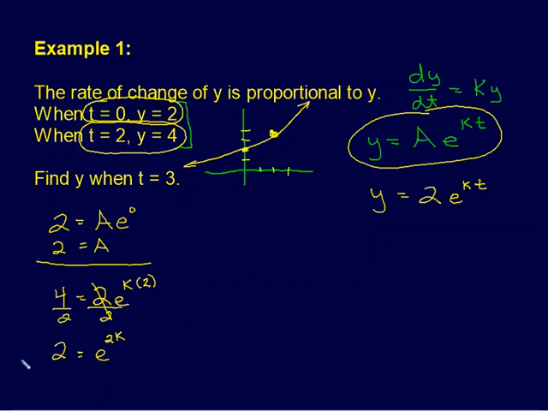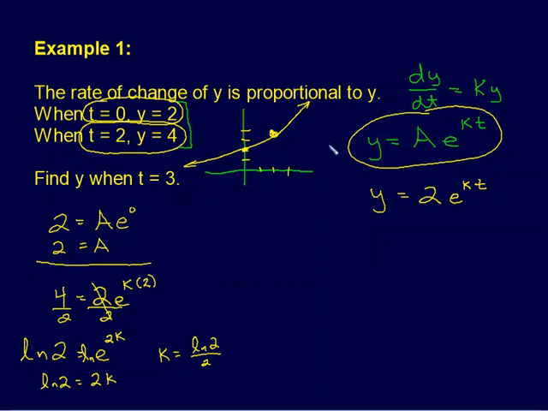The first step, of course, will be to take the natural log of both sides. So on the left, it ends up with the natural log of 2. And over here, the log and the power, the base e, cancel. So you're just down to 2k. So you can conclude the value of k is the natural log of 2 all divided by 2.